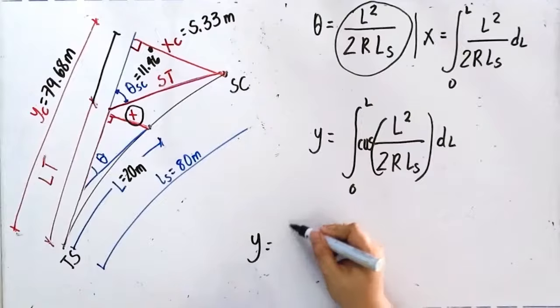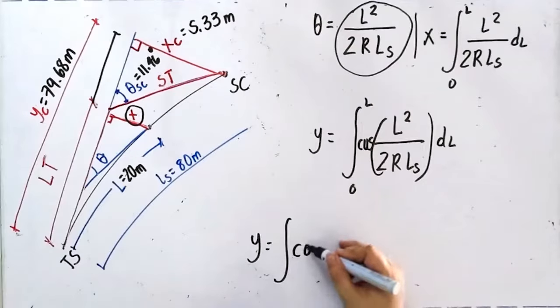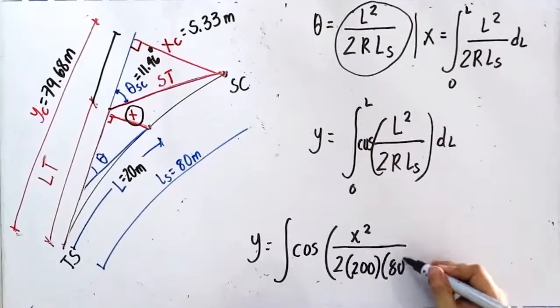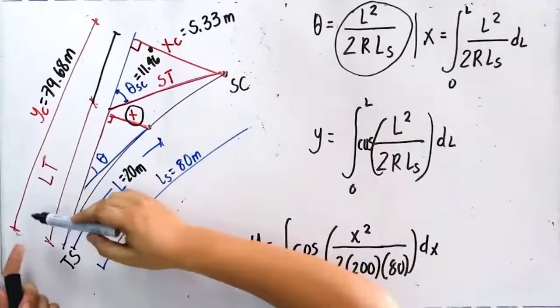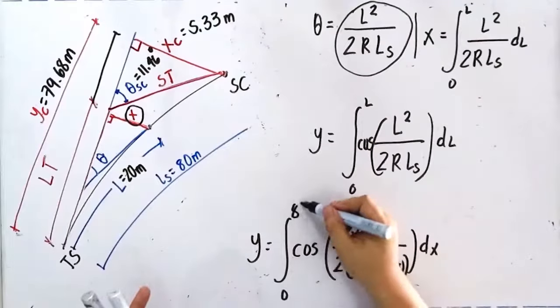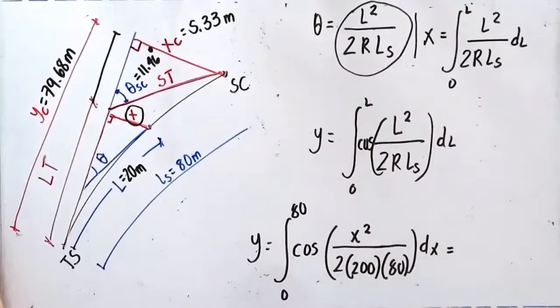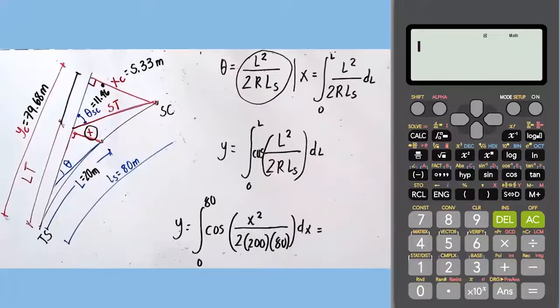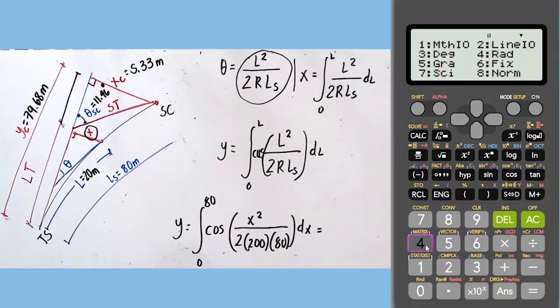Okay, y is the integral of cosine of x squared over 2R LS. And since you're finding the value of y from TS to SC, that is from 0 to 80. Let us show this in the calculator. Before integrating, make sure that the calculator is in radian mode. So you just press shift, setup, and press number 4.